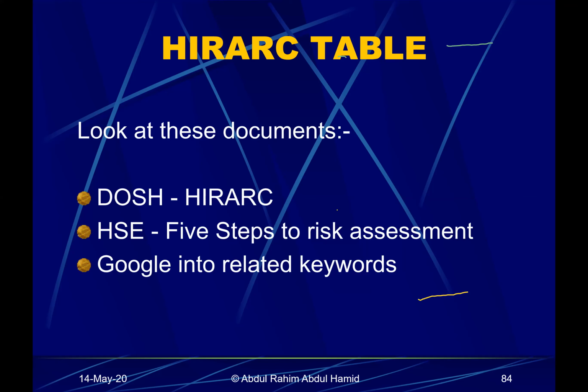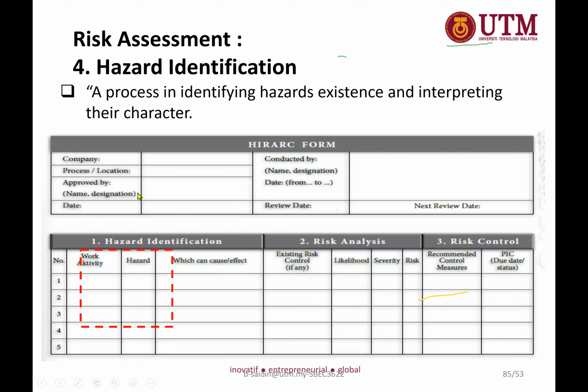You can Google hierarchy form or hierarchy table. There are many ways that people put the hierarchy information inside. The one that we have is the example given by the DOSH guideline. This is what we call the hierarchy form.